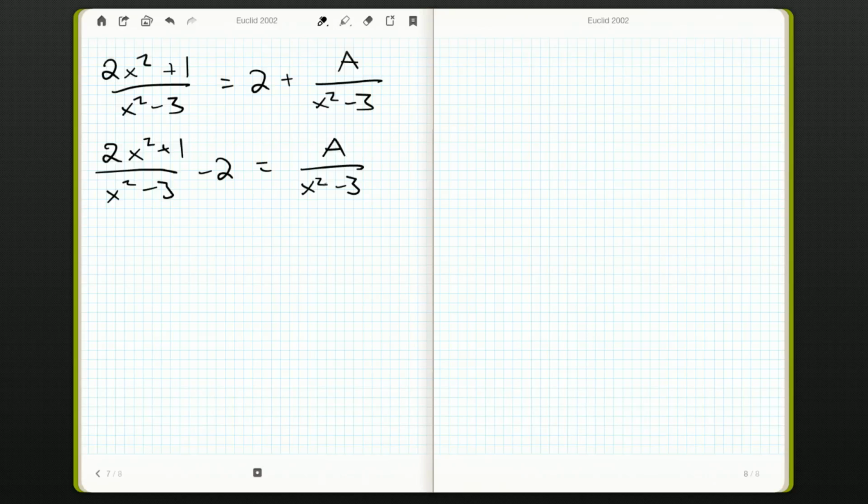I've got a divided by x squared minus 3, so a good thing to do would be to multiply both sides by x squared minus 3. So we get x squared minus 3 over here on the left, and (2x squared plus 1) all over (x squared minus 3), minus 2. And we should get a right here.